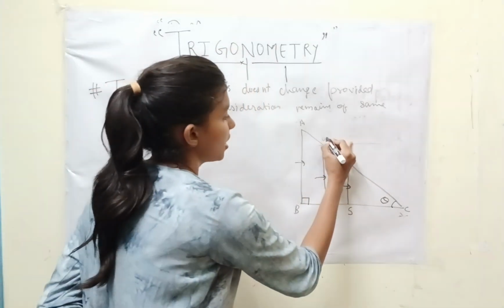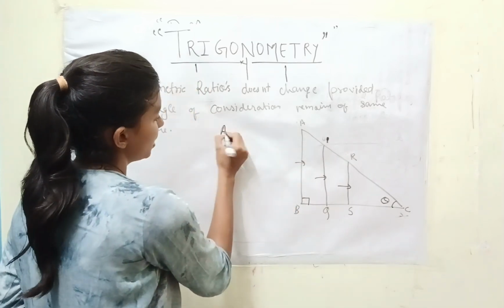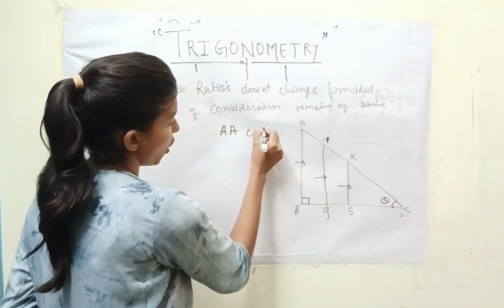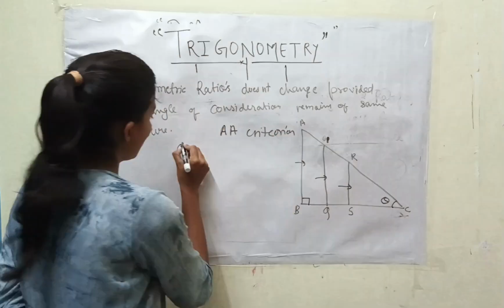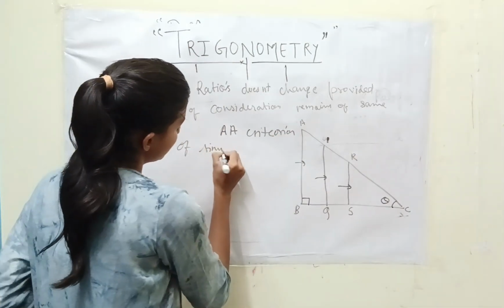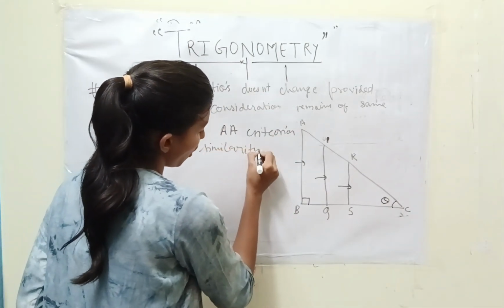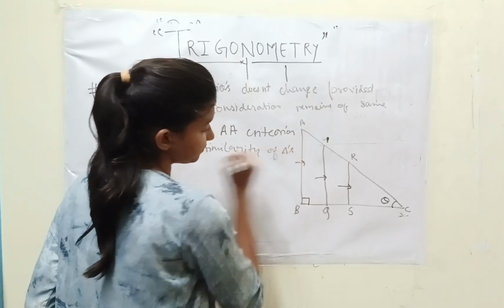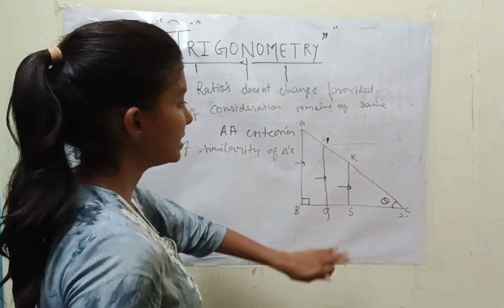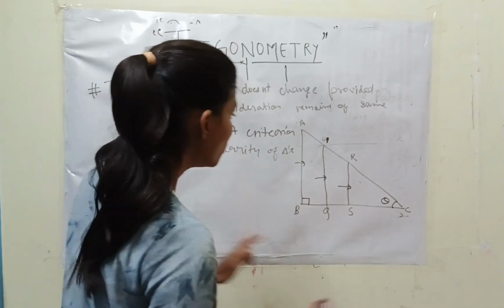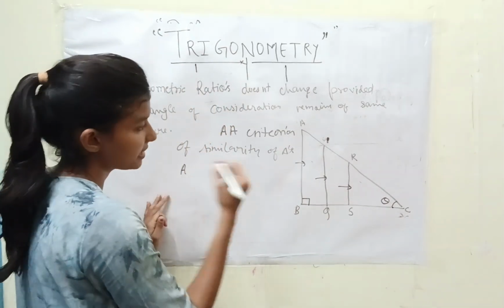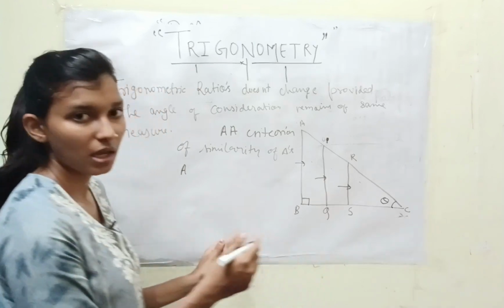And by a criterion of similarity of triangles, we can easily see that these three triangles are similar. So the ratios of their corresponding sides will be equal.